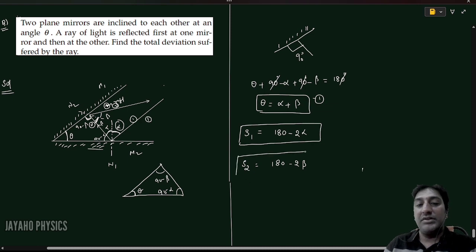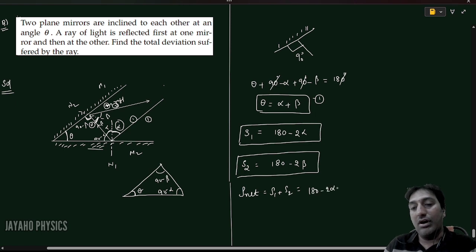So the net deviation produced, delta net, will be equal to delta 1 plus delta 2, which is 180 minus 2 alpha plus 180 minus 2 beta. That is 360 degrees minus 2 times alpha plus beta.